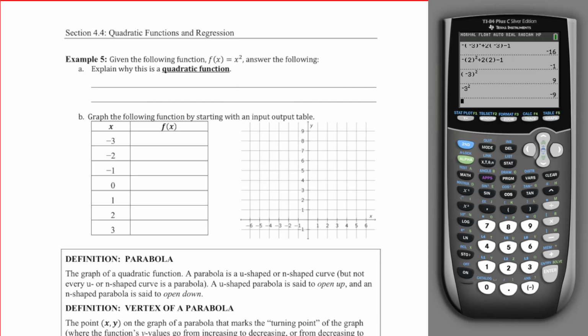Okay, so let's think about what the graphs of these quadratic functions look like. So we have just a very simple quadratic function, f of x equals x squared. This is quadratic because it contains x squared and no other terms.